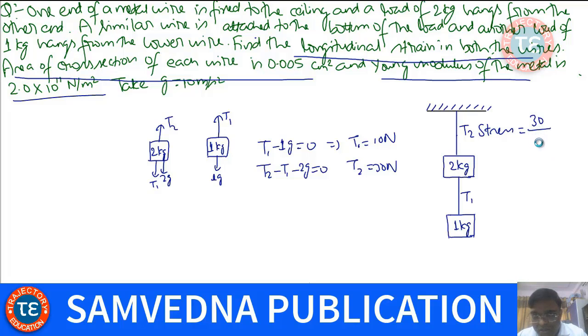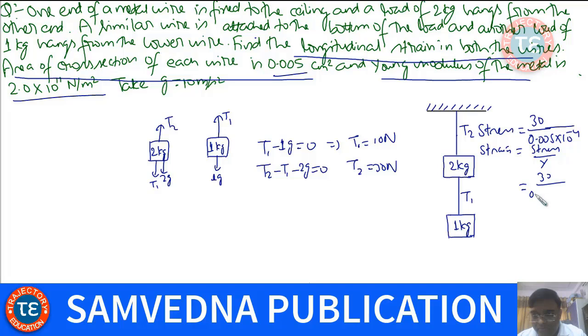Alright. So if I calculate the stress in the second wire, it would be 30 upon the cross-section area. The cross-section area is how much? 0.005 × 10^-4 meter square, in Newton per meter square. And once I calculate the stress, I can calculate the strain over here: stress upon Young modulus.